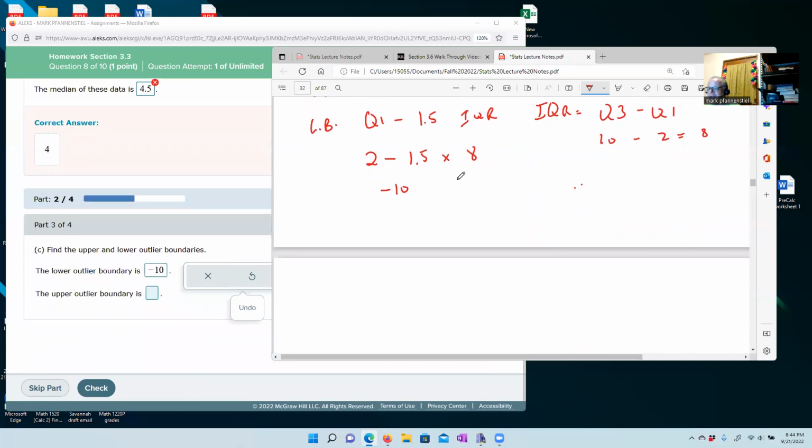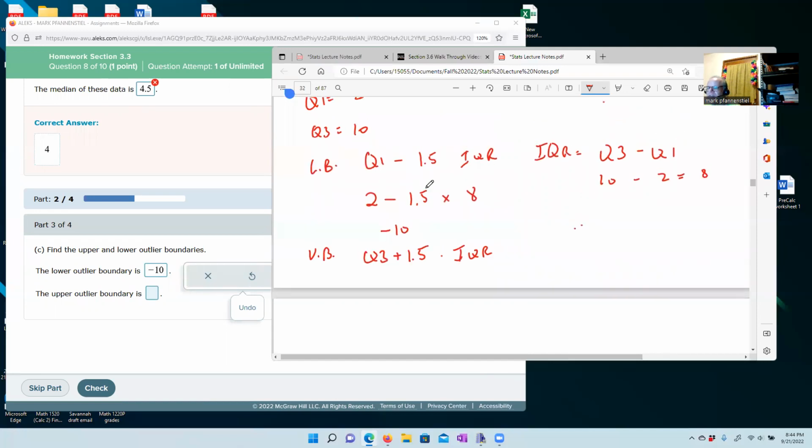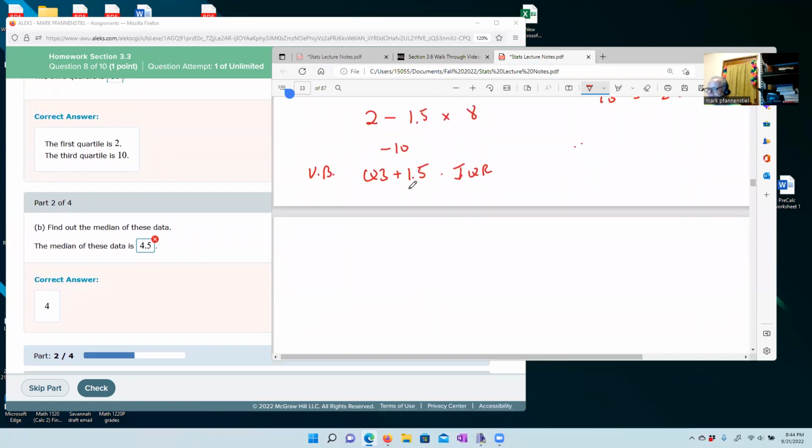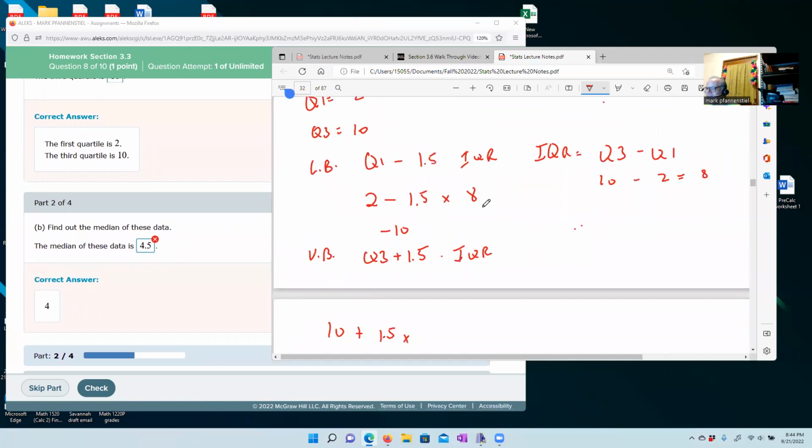Okay, and then to get the upper boundary, that's going to be Q3 plus 1.5 times IQR. What is our quartile 3? Proper quartile 3 is 10. Okay, so that's 10 plus 1.5 times, and our IQR was 10 minus 2. 10 minus 2 is 8.